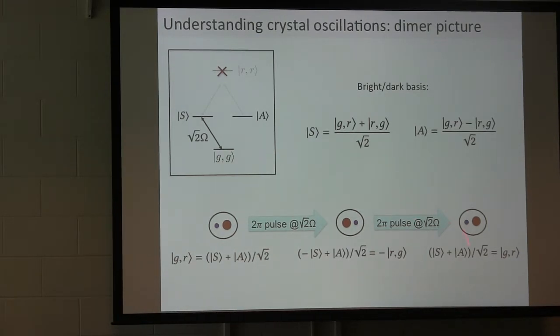Because this dynamics occurs at square root of 2 times omega, and because I need two 2 pi pulses at the end of the day, the frequency of the full oscillation is given by root 2 omega divided by 2, which is omega over square root of 2, what we are measuring experimentally.